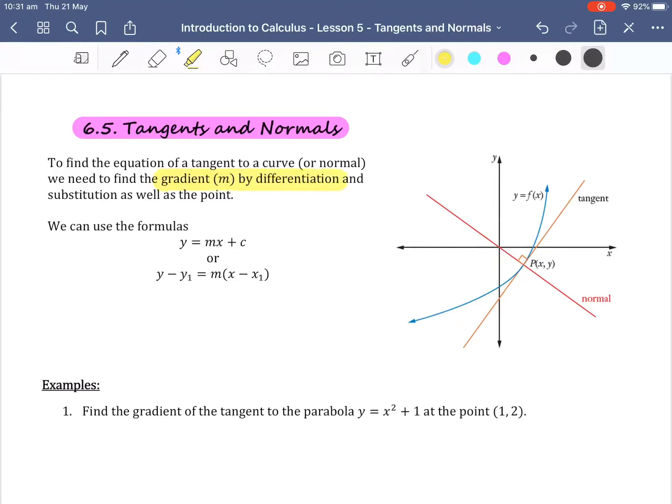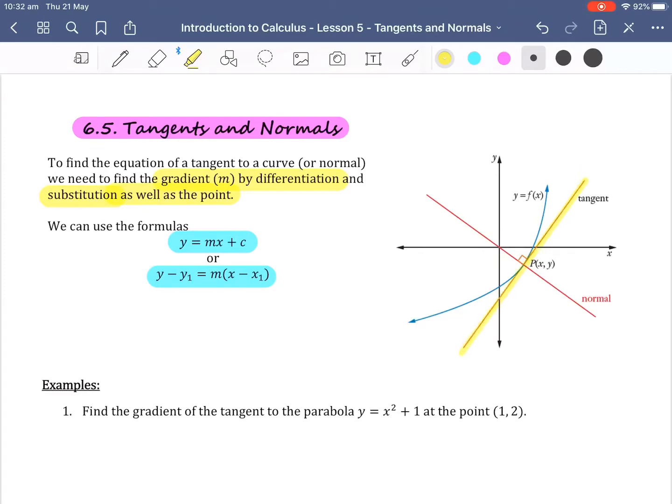So we need to find m by differentiation and substitution, as well as the point. Then we can use the formulas y equals mx plus c or y minus y1 equals m bracket x minus x1, like I said.